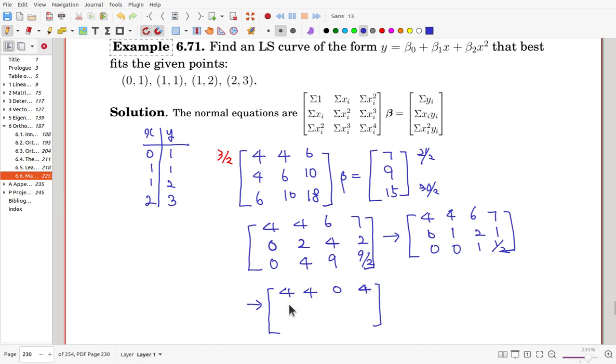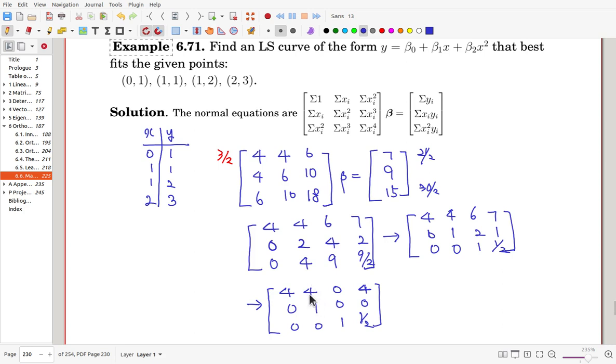Then 0, 1, and twice subtracted gives 0, 0, 1, half.